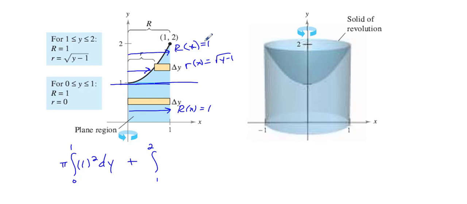All right, so it'd be outer radius minus inner radius. And then dy, obviously.